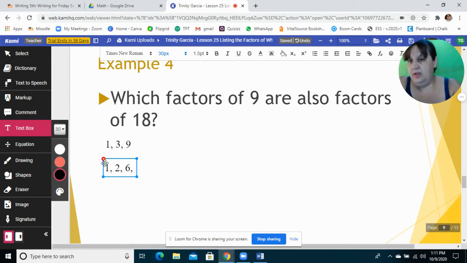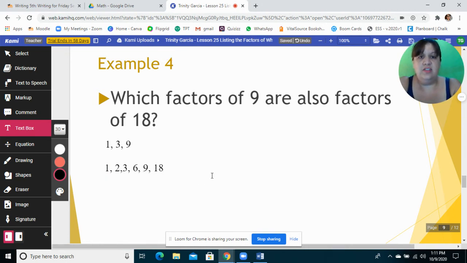Okay. Oh, but we also have 3, right? Let's not forget our 3. Okay. So we have 1, 2, 3, 6. What else do we have? 9. 9 goes into 18 2 times. And we have 18. All right, there are our factors of 18.